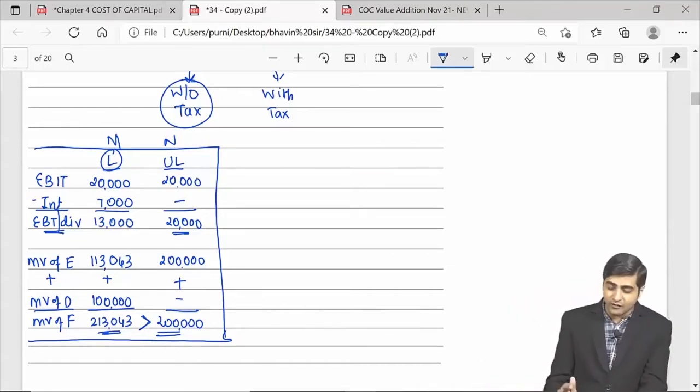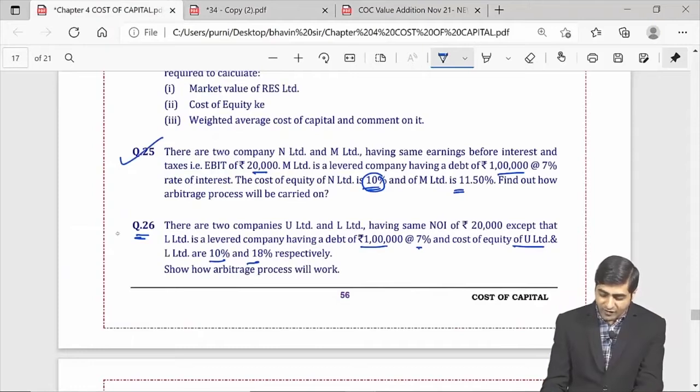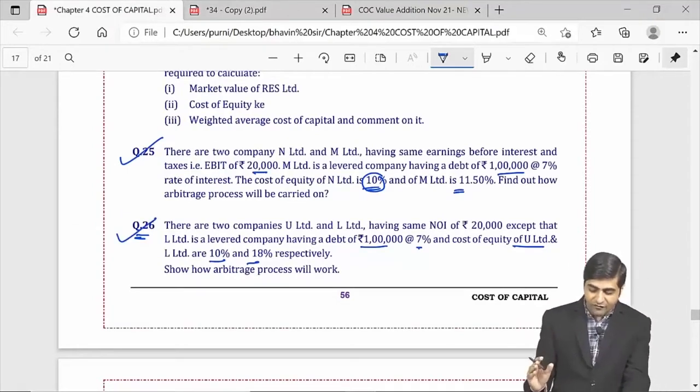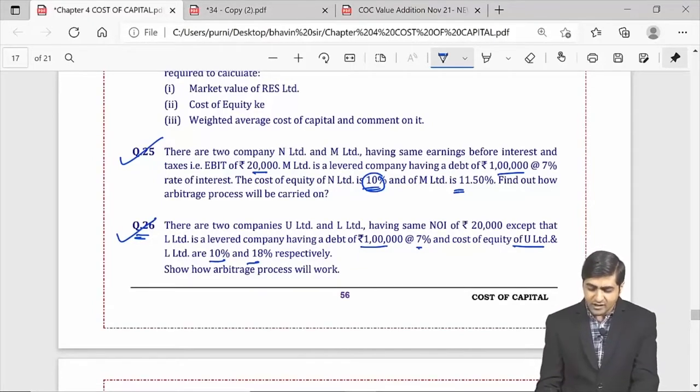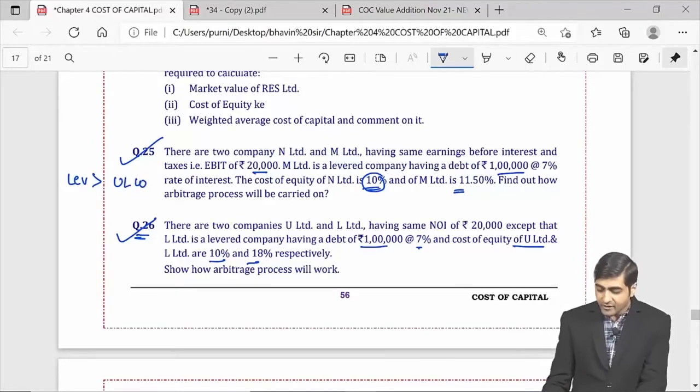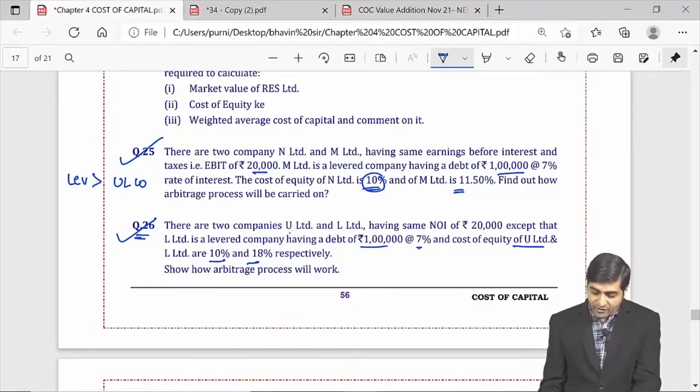So that is something which we are going to do in your question number 25 and 26. In question number 25, you have to remember that your levered company value is more than your unlevered company value, and in question 26, where you again have two companies, unlevered and levered, your levered company value is less than your unlevered company.